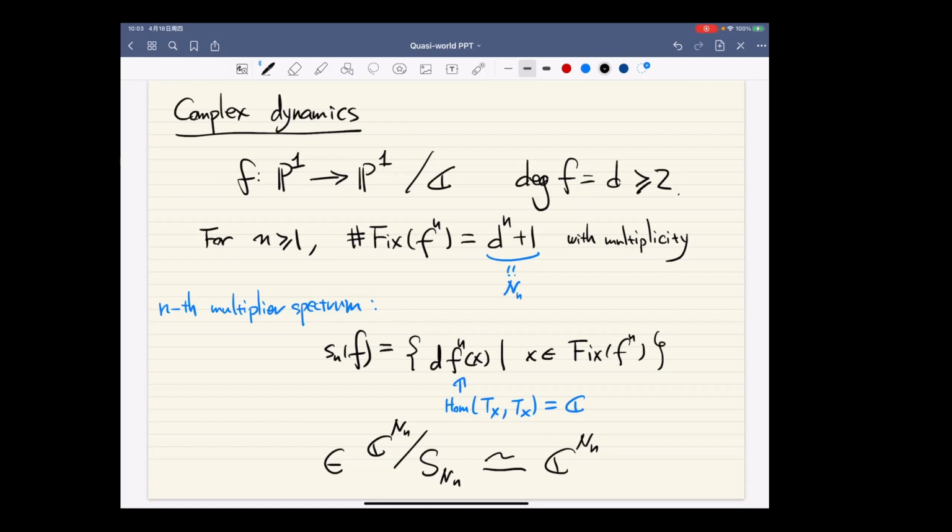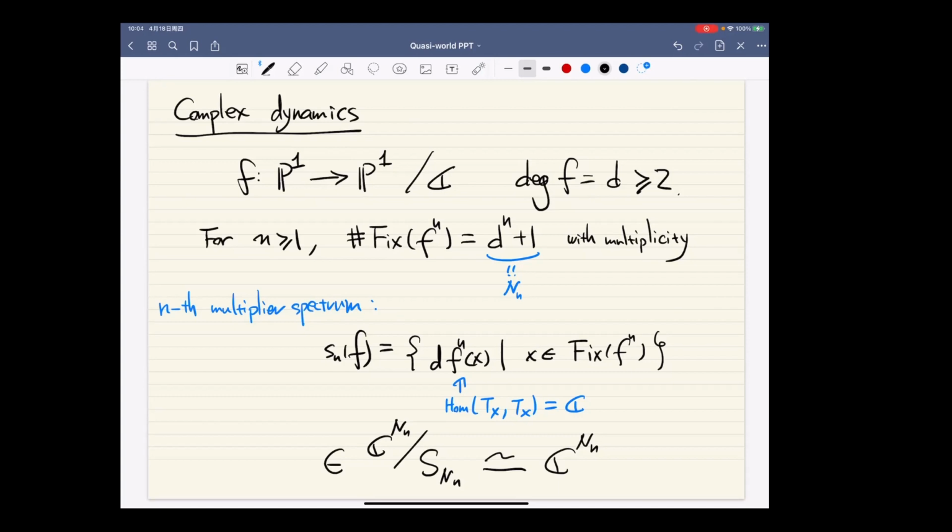Now for every n greater than or equal to 1, we can count the number of n-periodic points. The number is exactly d^n + 1, but we count with multiplicity, and for simplified notation, we just denote this d^n + 1 by N_n.